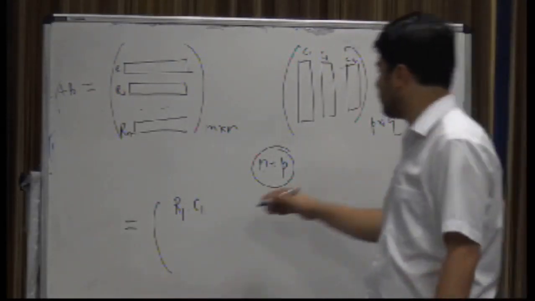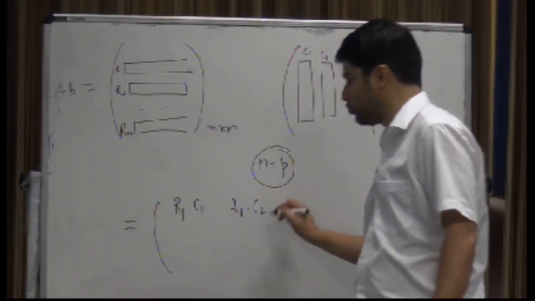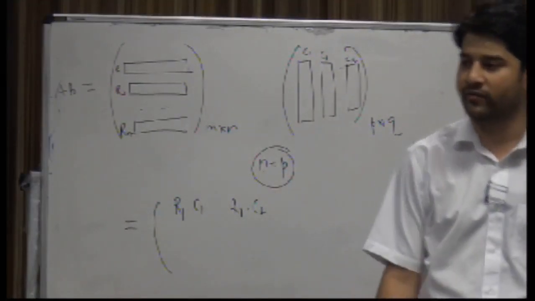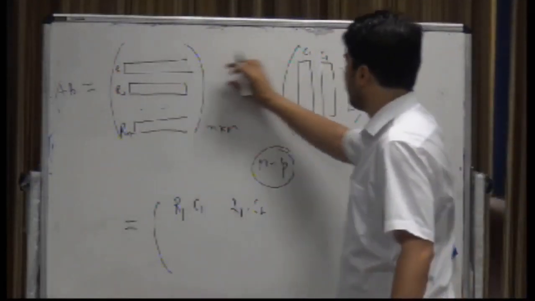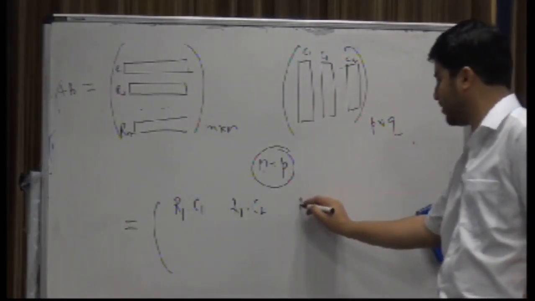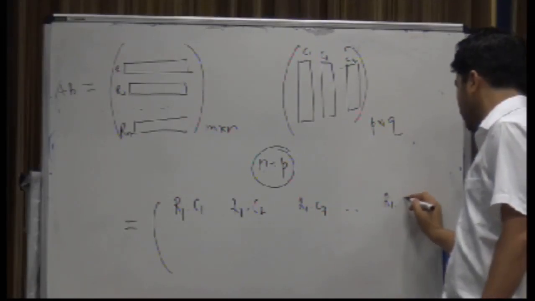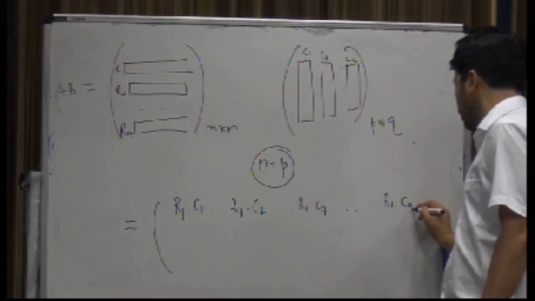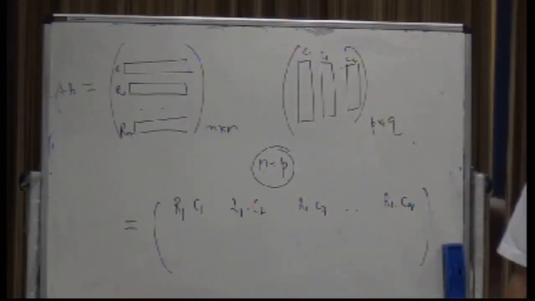The second guy would be R2 dot C2, no, R1 dot C2. The first row will always have R1. So the first row of the product will always have R1, and it will keep going through all the columns. So it would be R1 dot C3 and so on, up to R1 dot Cq. So this is the first row of the product, right?